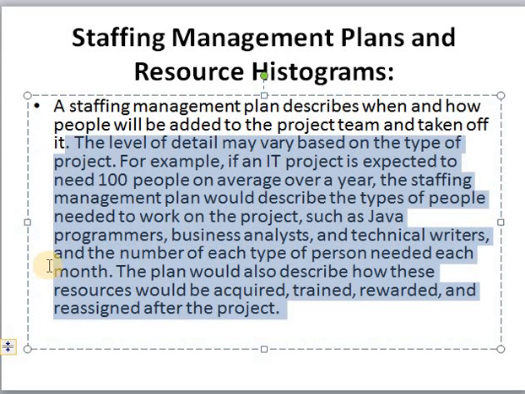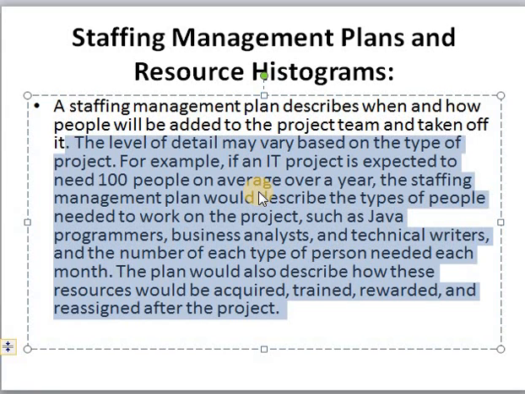The level of detail may vary based on the type of the project. For example, if an IT project is expected to need 100 people on average over a year, the staffing management plan would describe the types of people needed to work on the project, such as Java programmers, business analysts, and technical writers, and the number of each type of person needed each month.